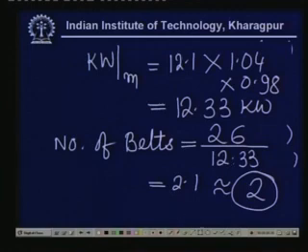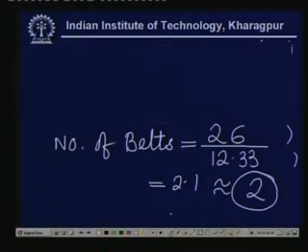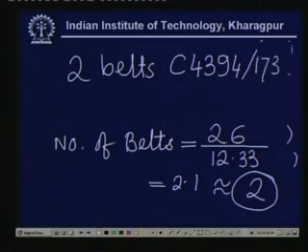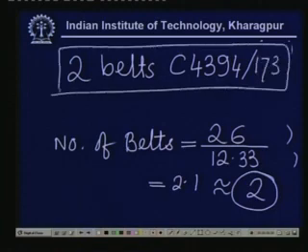Our final designation comes out to be something like this: 2 belts of C 4394 oblique 173. This is your requirement.